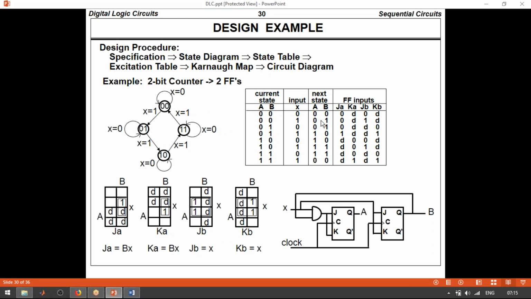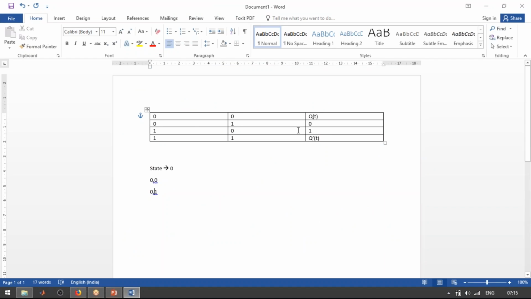Here both are 0, so JA will be 0 and KA is D. And if you are considering the fourth state, here it is 0 and here it is 1. So 0, 1 means one condition is 1, 0.